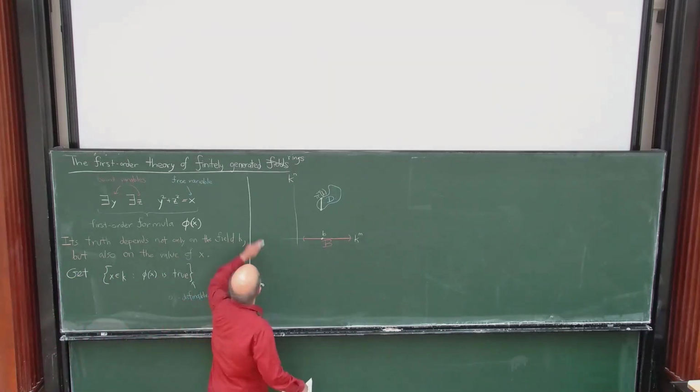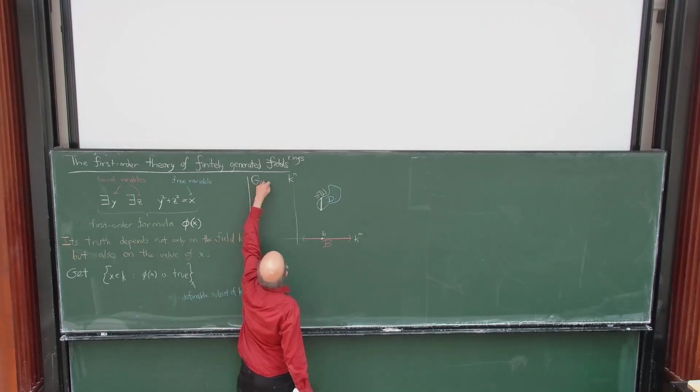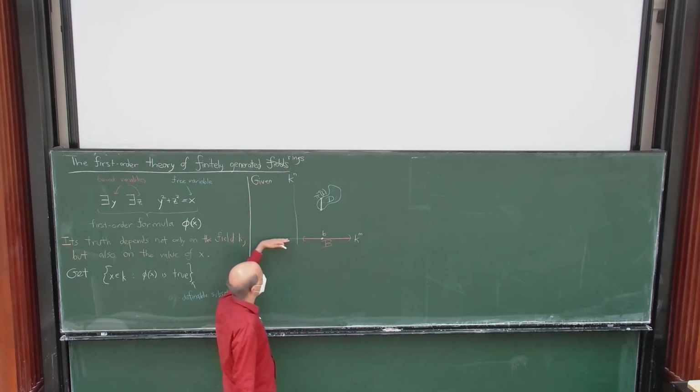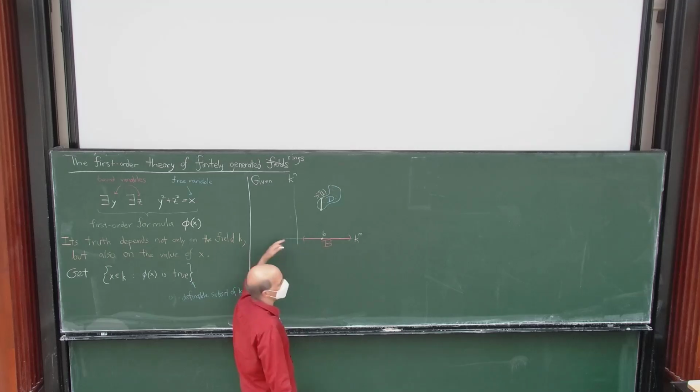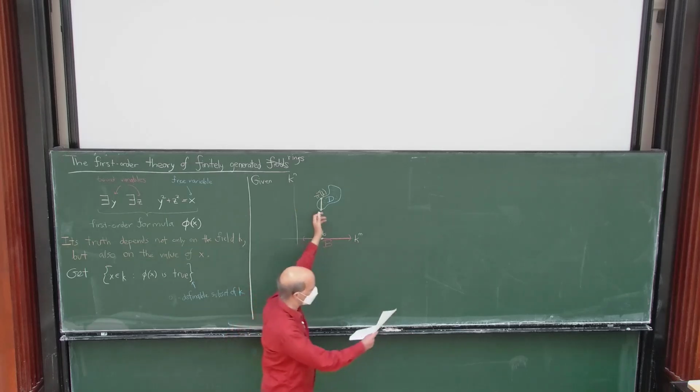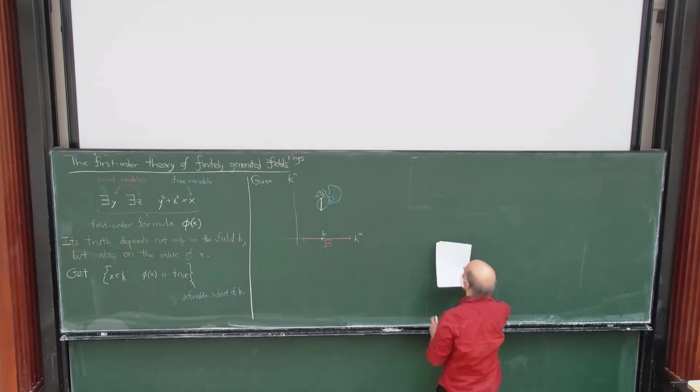So the setting for this is this. If I have a picture like this, where unfortunately this is m plus n dimensions, and I have m dimensions going this way and n dimensions going this way, and then I have two definable sets.